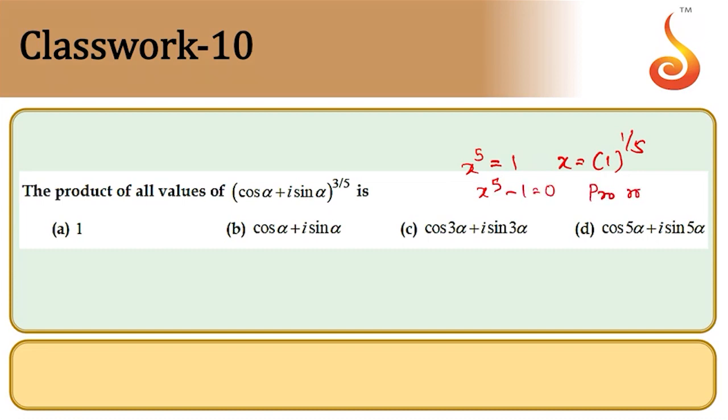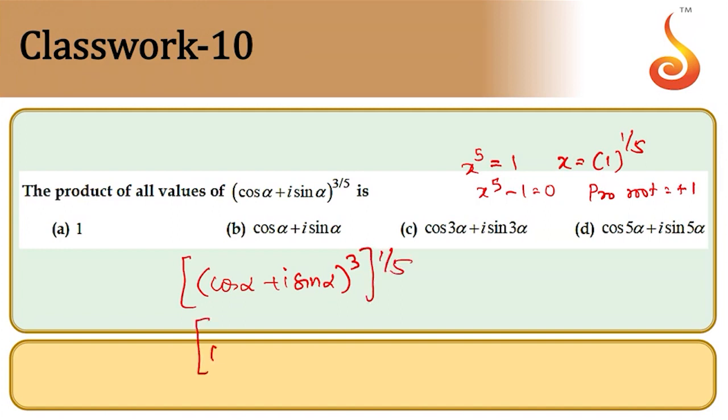Product of roots will be plus 1, sorry. Same way here, cos alpha plus i sin alpha whole to the power 3, whole to the power 1 by 5.